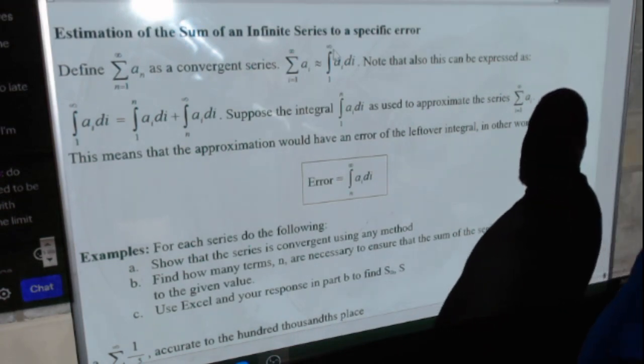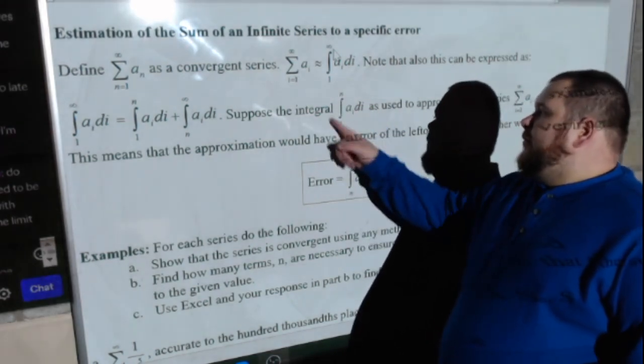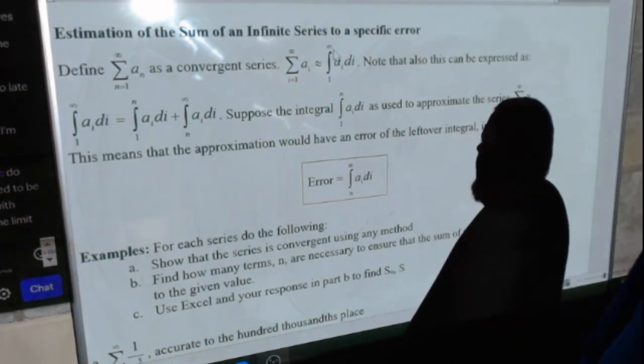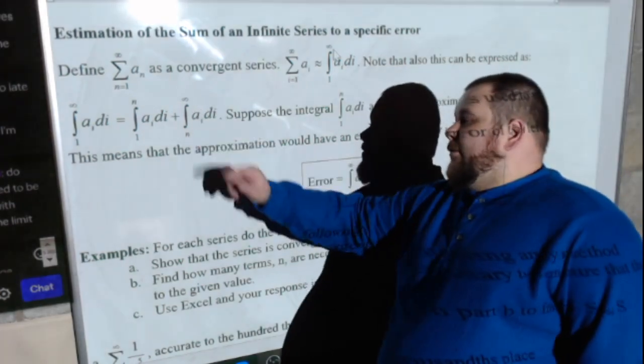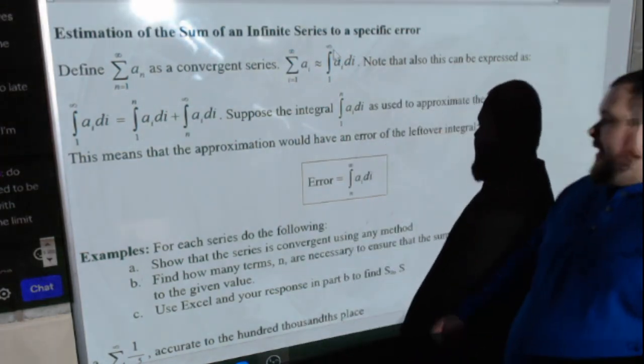They then go on to say that they're going to let the 1 to n be the approximation that they want from the series. And therefore the n to infinity portion is going to be called our error.